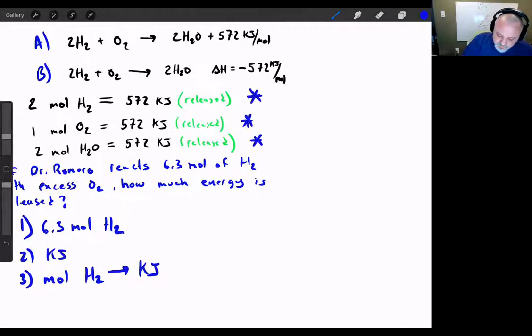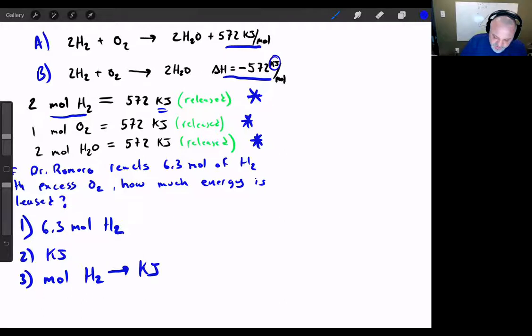I wrote down the relationships that you can write from a balanced thermochemical equation. You can use the energy values, whether or not you express it as a reactant or product, or whether or not you express it as a change in energy. You can use these values to create additional relationships. And the direct relationship is always moles in the terms of the reaction, and whatever units of energy are given.